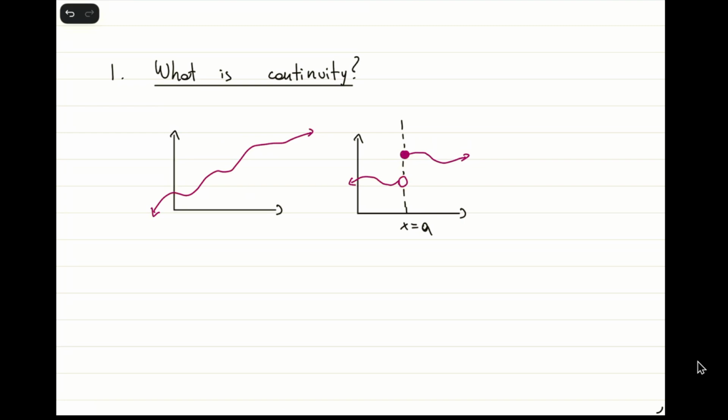As I was saying, I tried to put them on the same line, because this white circle means if we take x equals a, we go up to the white circle and we try to see what the function evaluates at, which is this height right here. Well, this white circle tells us we don't really care about that value. It's not included in our function, so it doesn't matter. However, if we go up to this circle up here, this is a full circle, so then we want to know what our output value up here is.